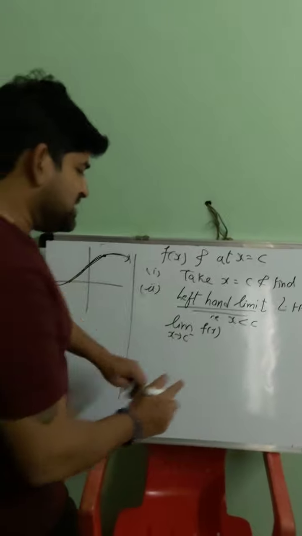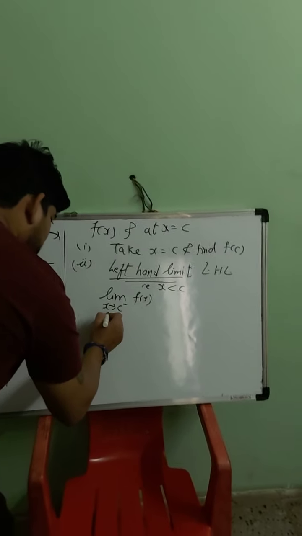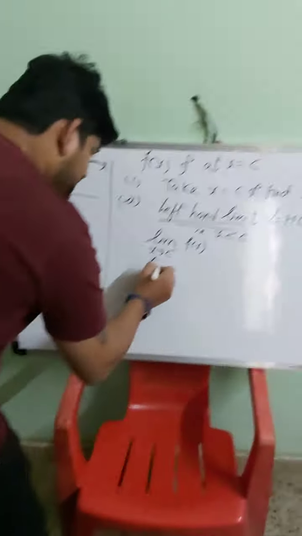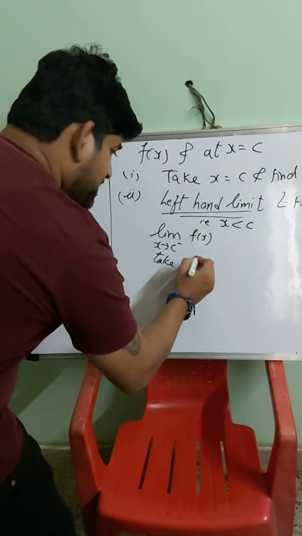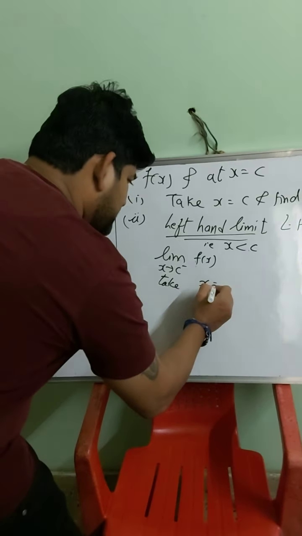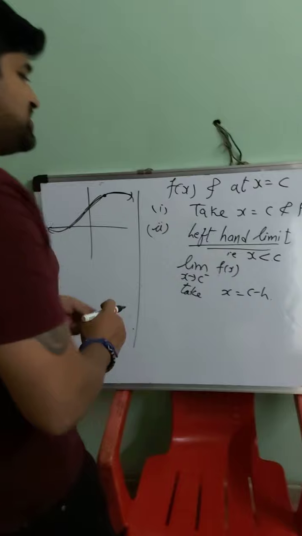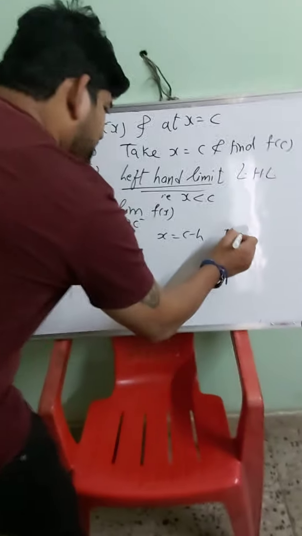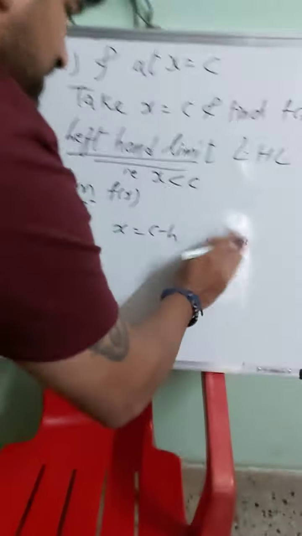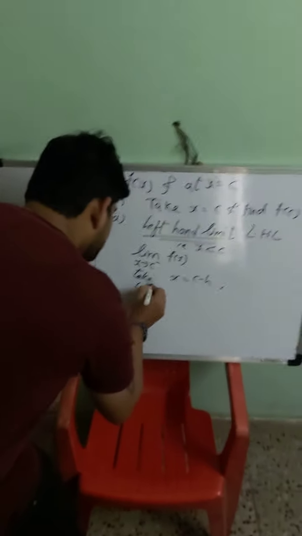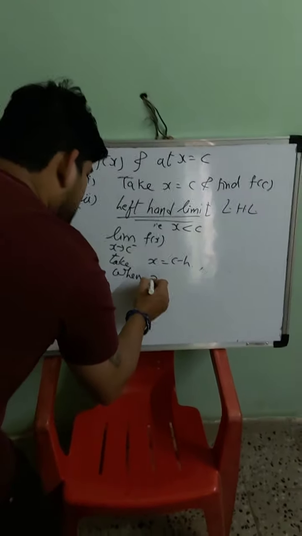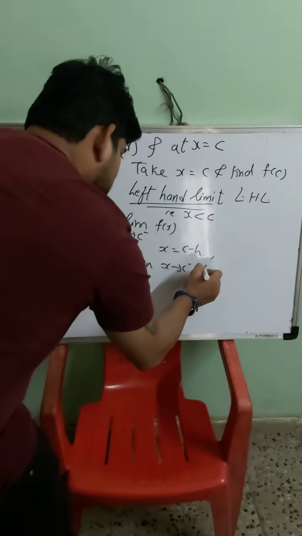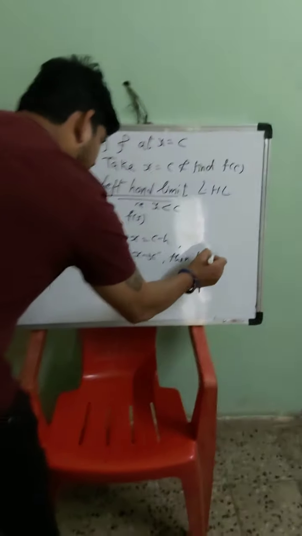So for finding this, what do we have to do? We have to take x equals c minus h. Now if we take c minus h, when x tends to c minus, then h tends to 0.